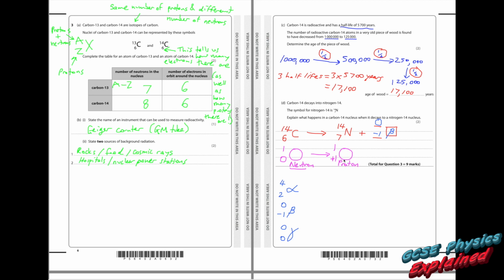You'll see why in a second. Now we must get something else. Now, what do we add to 1 to equal 1? We add 0. And what do we add to plus 1 to make 0? We add minus 1. So that little electron, that beta particle, that's how we get the beta particle formed. A neutron splits up into a proton and a beta particle. And that's what we need to tell the examiner.